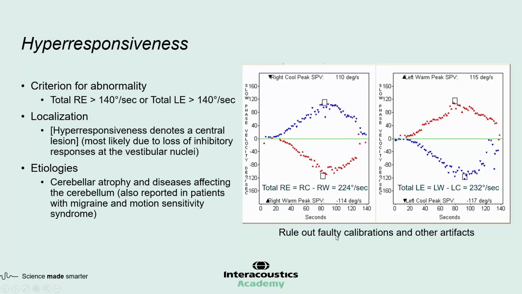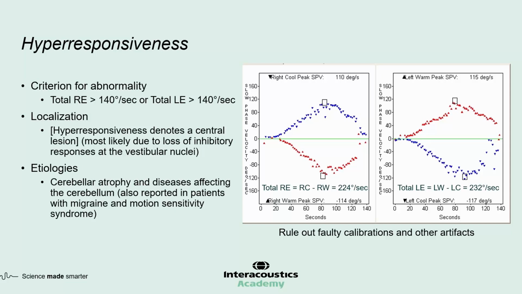You have to examine calibrations and consider other artifacts, because if this was truly a hyperactive response, I would have expected no more than 2 of these to be completed, and somewhere around 80 degrees per second or so, the patient would have wanted to stop the test.